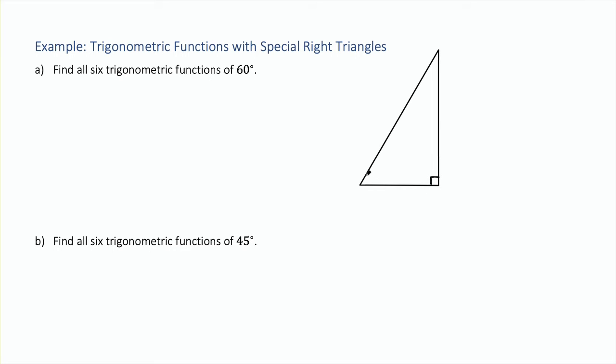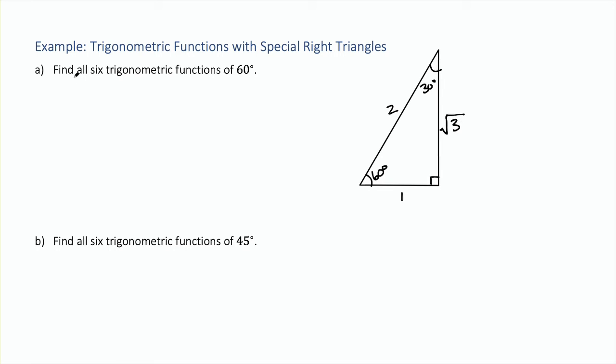I've got a larger angle, which is the 60 degrees, and a smaller angle, the 30 degrees. And then we can label the sides. The shortest side is 1, and the hypotenuse is 2 for a 30, 60, 90 triangle. And this last side, if you don't remember it, you can use the Pythagorean theorem to get it, but it is the square root of 3.